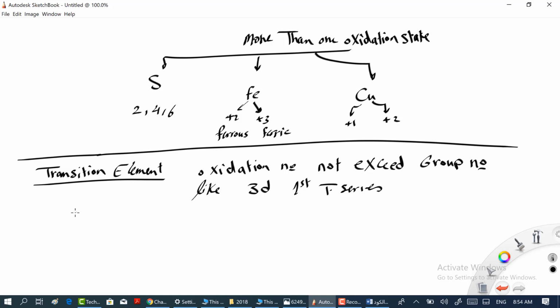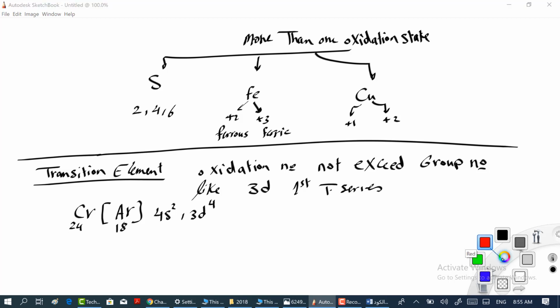Take an example, chromium: 24 electrons, Ar 18, 4s2 3d4. With the electronic exception, it takes one electron, and it will be 4s1 3d5.